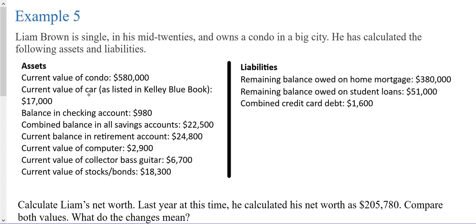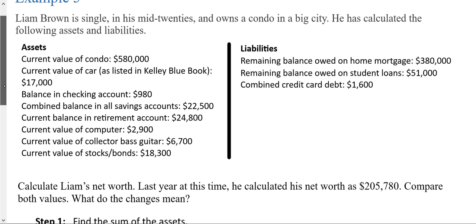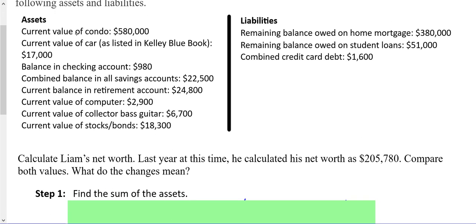So Liam Brown is single, in his mid-20s, and owns a condo in a big city. He has calculated the following assets and liabilities. If you look at examples of assets, his condo, his car, his checking account balance, this is money that he has on hand or property that he owns.